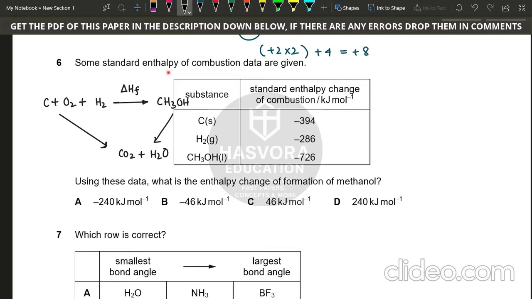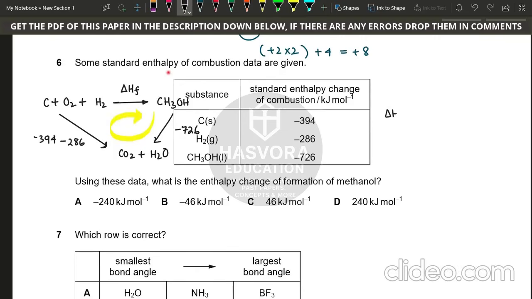Now you can just plug in the values. So for the carbon and the hydrogen, it will be -394 and -286, and for the methanol it will be -726. Now you just have to follow the direction, so we just go like this, clockwise.